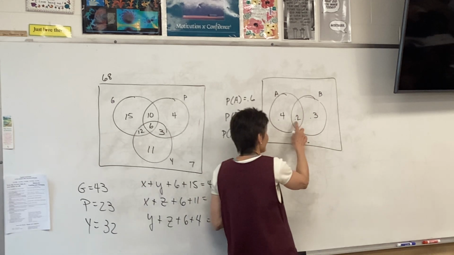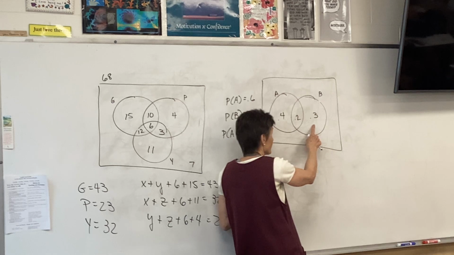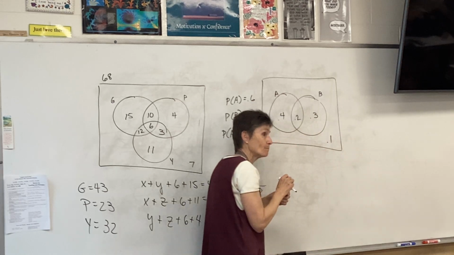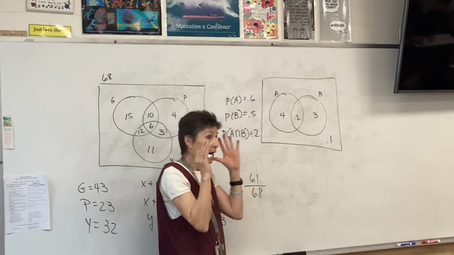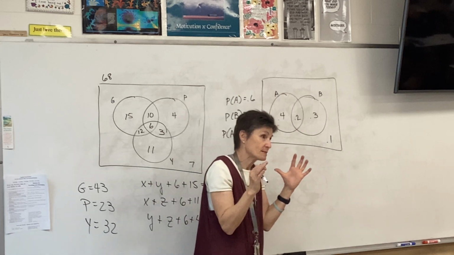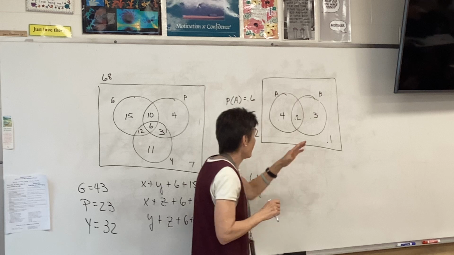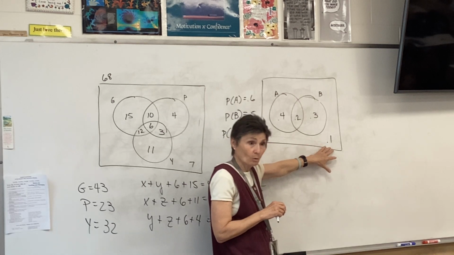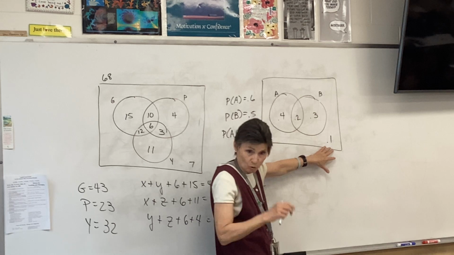Well, how much do you have accounted for? 0.9, which means there's 0.1 out here. The box has to be 100%. What are these 0.1 out here? Those are the people that don't like apples or bananas.